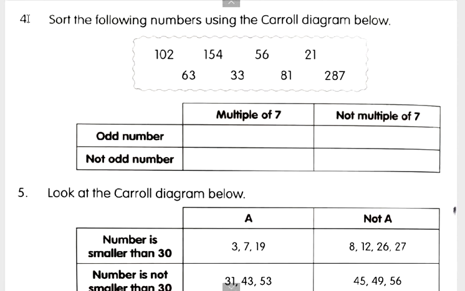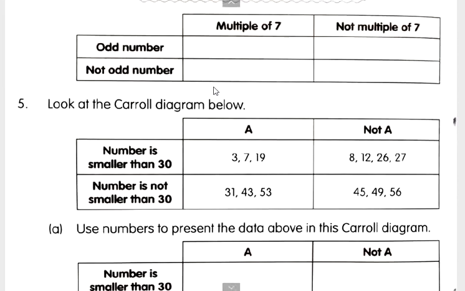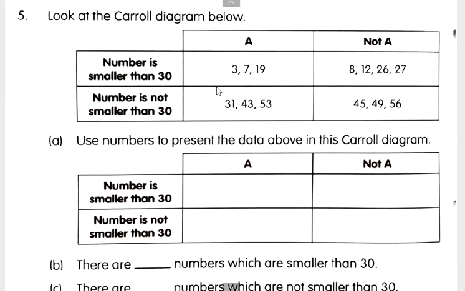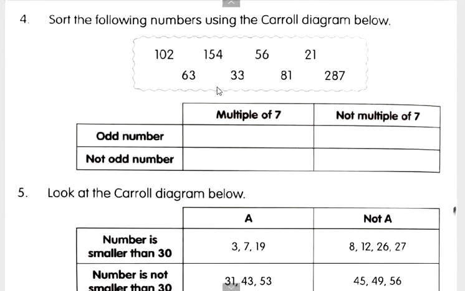Number 4, sort the following numbers using the Carroll diagram below. Alright, there are only 8 numbers, right? So just sort them.